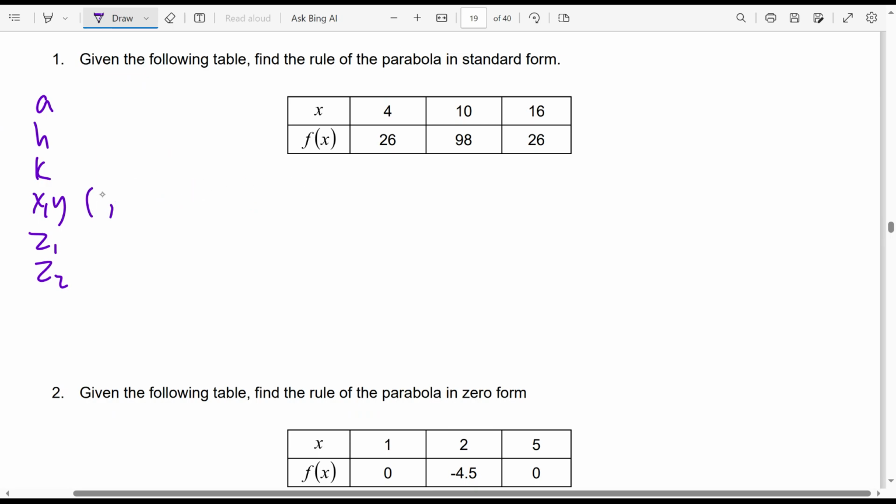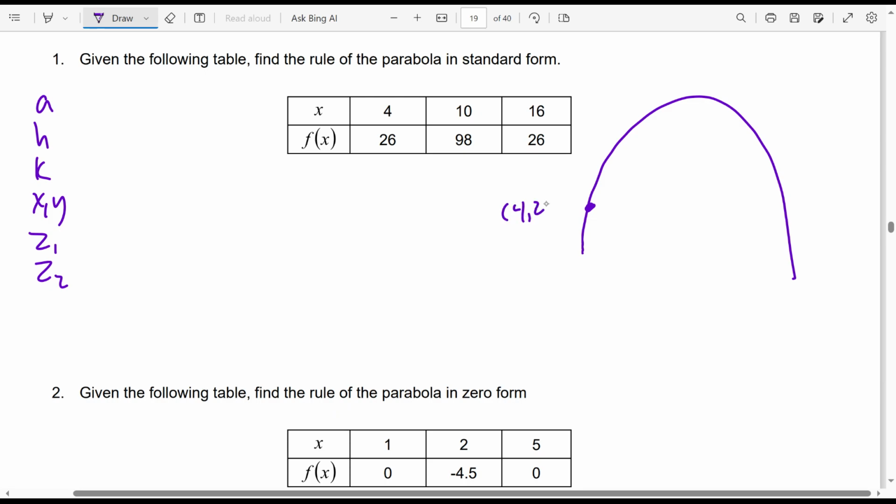I'm going to erase that for a second. I want to sketch this out. Roughly speaking, I know it's going to look something like this. Once I start to sketch it out, I want you to try and reason your way through this.